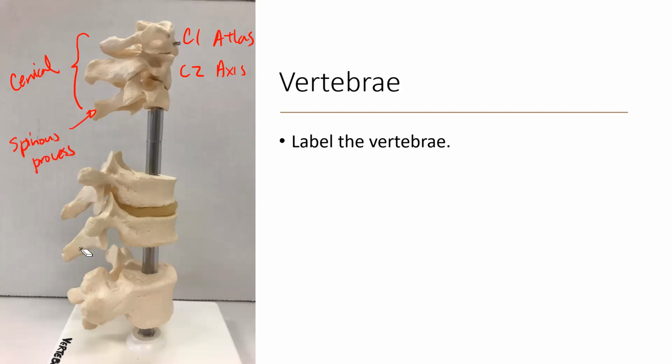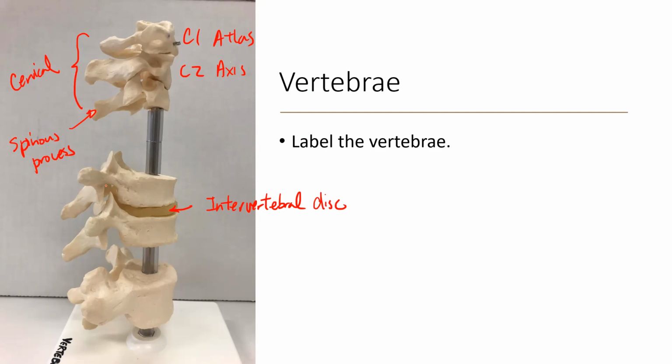It's the ones that you feel if you run your fingers along the middle of your back. This disc here is the intervertebral disc. It cushions the two vertebrae.